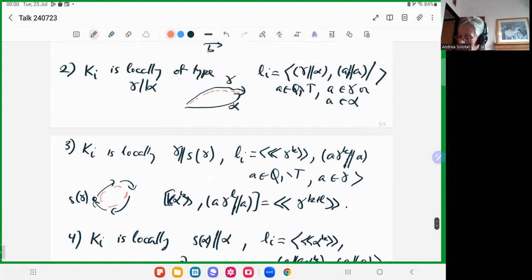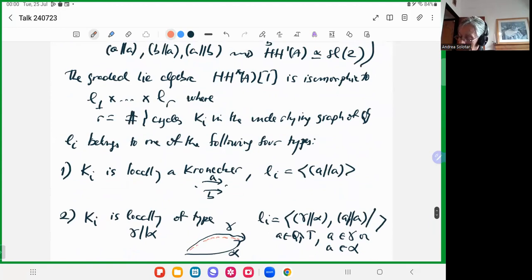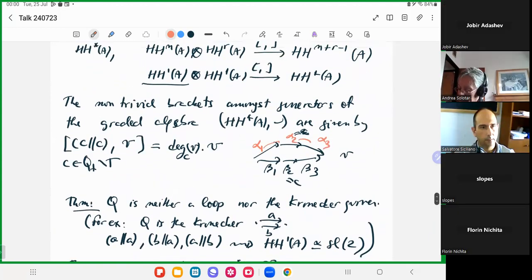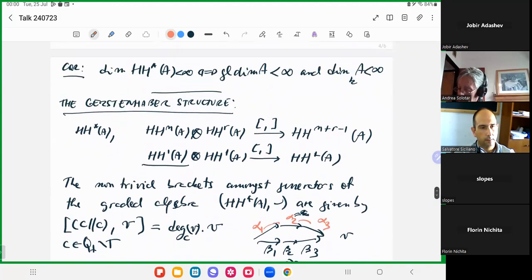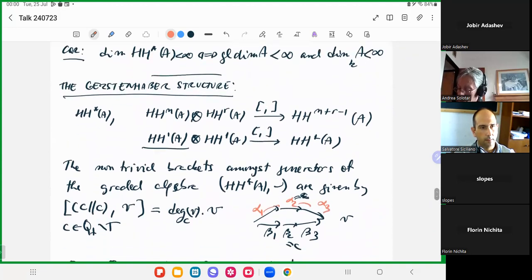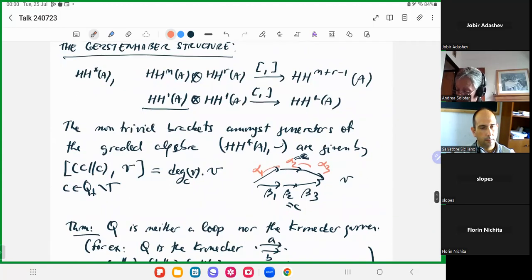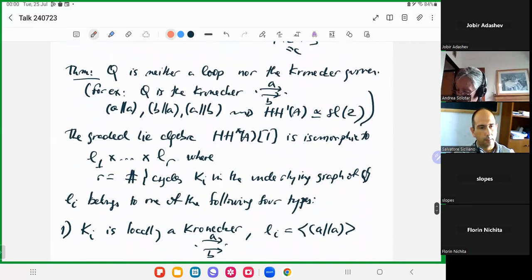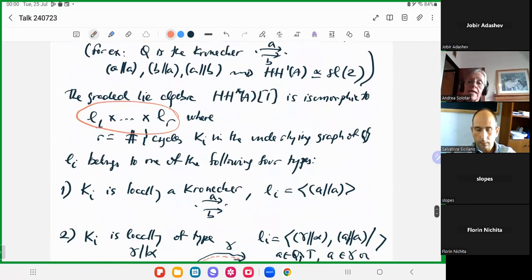So here we have all the Lie algebras that we can obtain when we compute the Gerstenhaber structure of a gentle algebra itself. So we will obtain a product of all these, one for each cycle in the underlying graph.